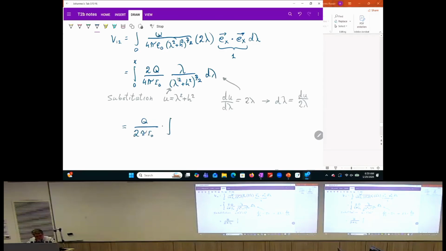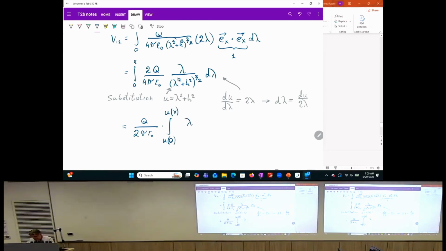And then our integration, we have done a substitution. Lambda runs from 0, so we run now from u of lambda equal to 0 to u of lambda equal to x.